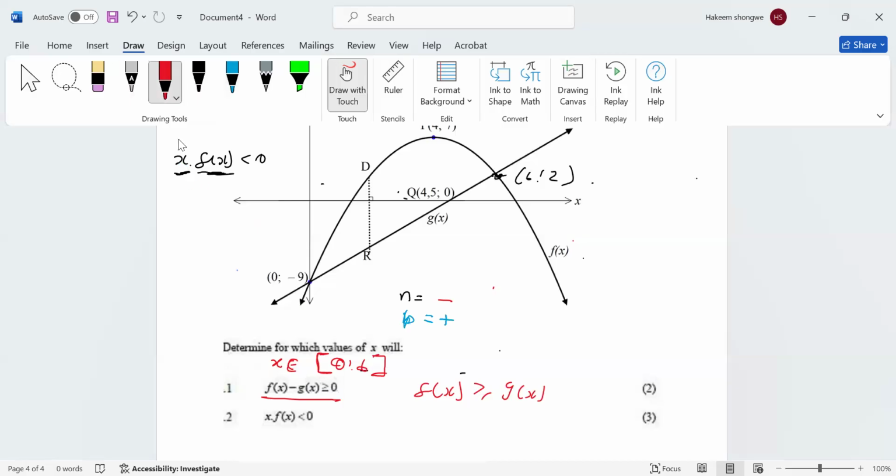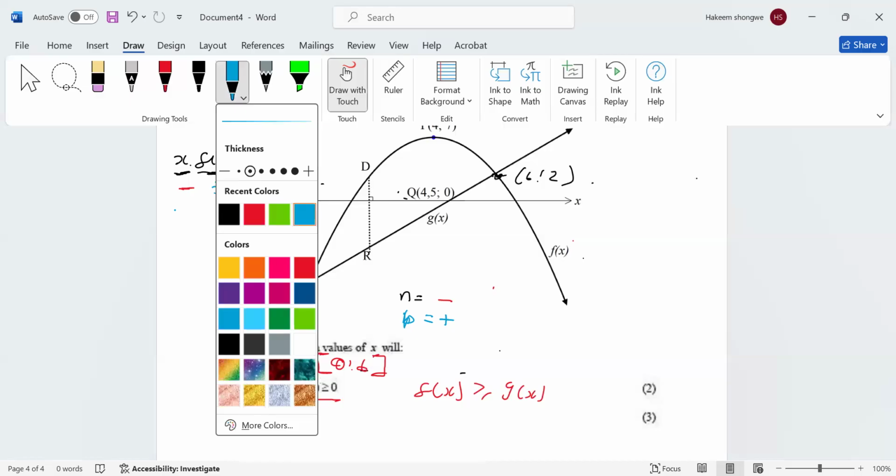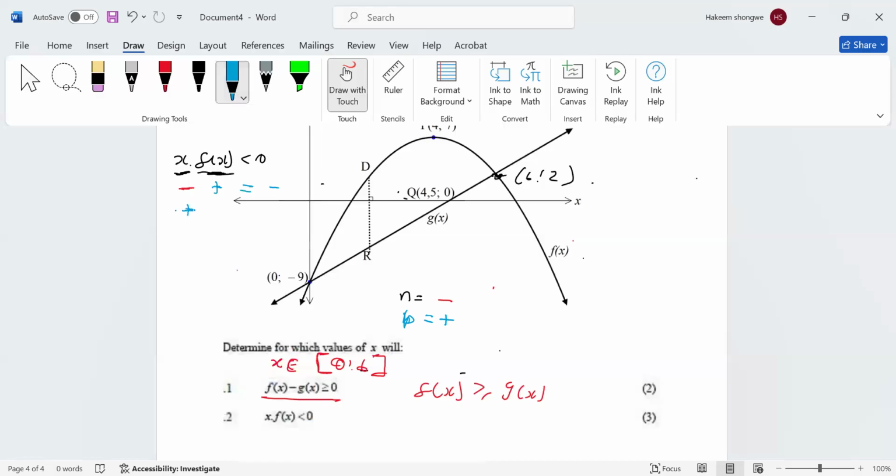We need to have a negative multiplied by a positive. This one should be positive, and then it will give us negative. Or this one can be positive and this one can be negative.